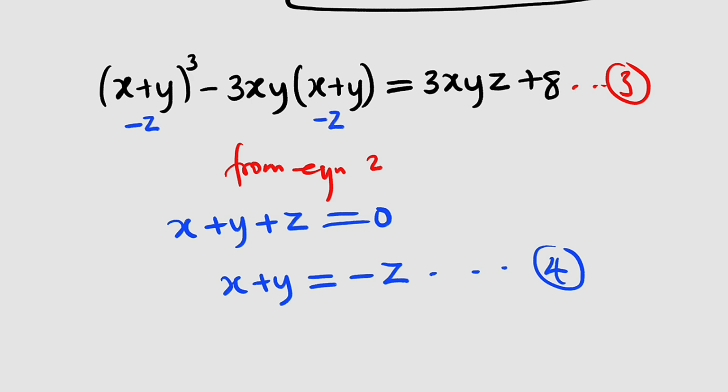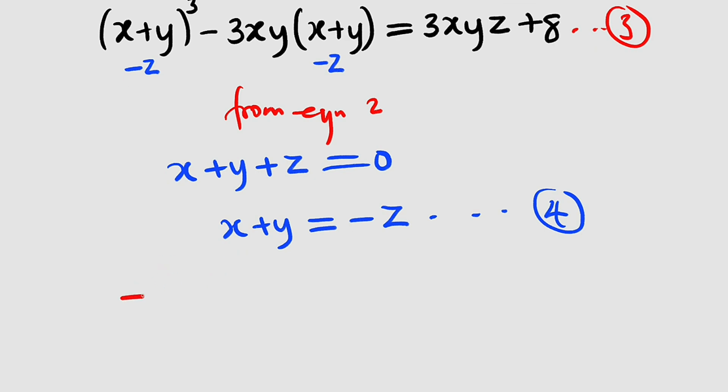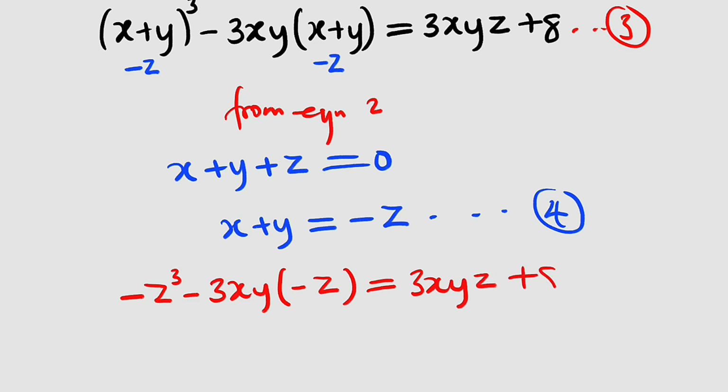So let's expand. On the left-hand side, we have negative z to the power of 3 minus 3xy multiplied by negative z, because x plus y is negative z. And on the right-hand side, we have 3xyz plus 8.